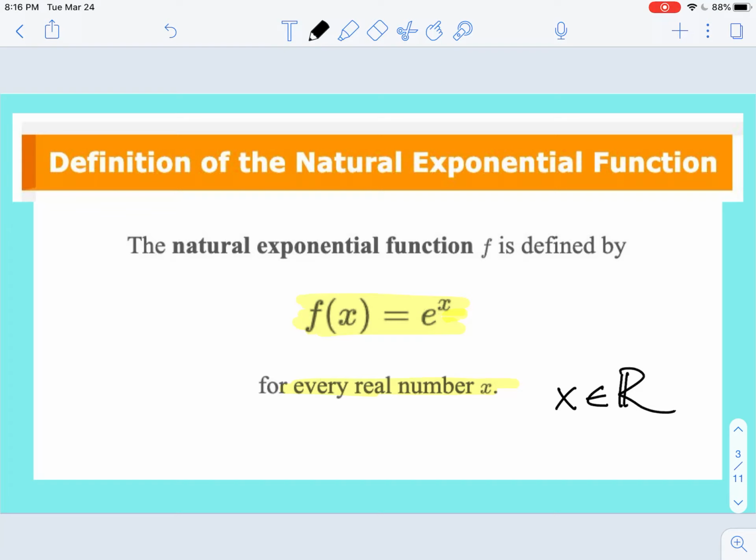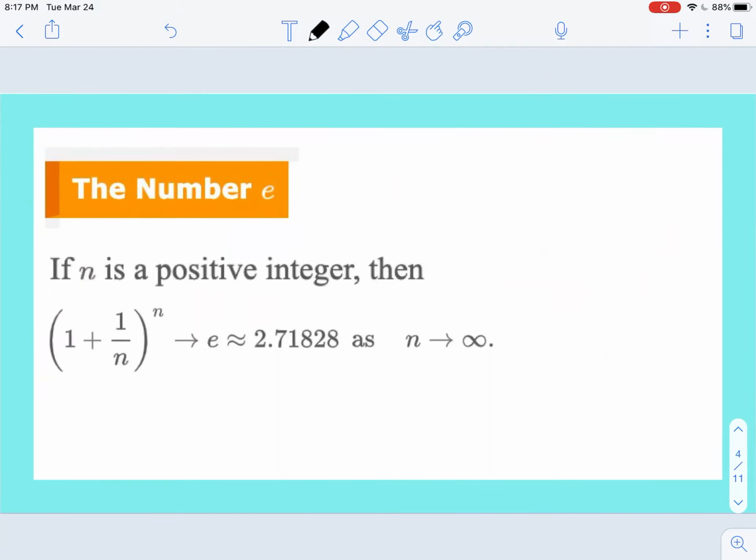Now, what is this e? Because I've used this in the 4.2 video, you might be wondering what this e is. Well, the number e is this.